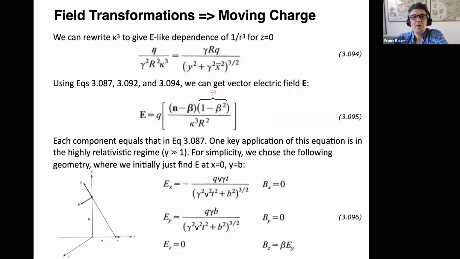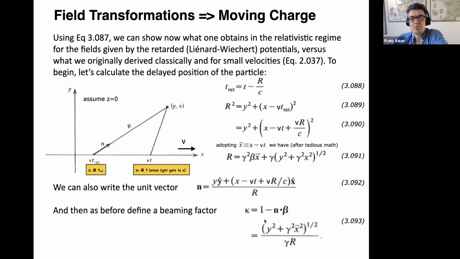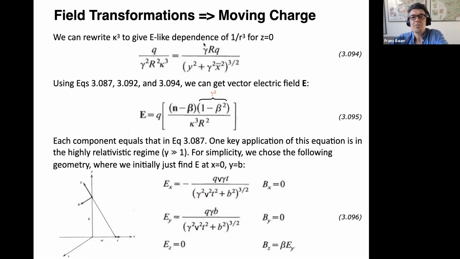And so if we have something that looks like this, then if we do all the substitutions, if we substitute in what we had here for kappa, we end up with something that looks a bit ugly, but looks like this.